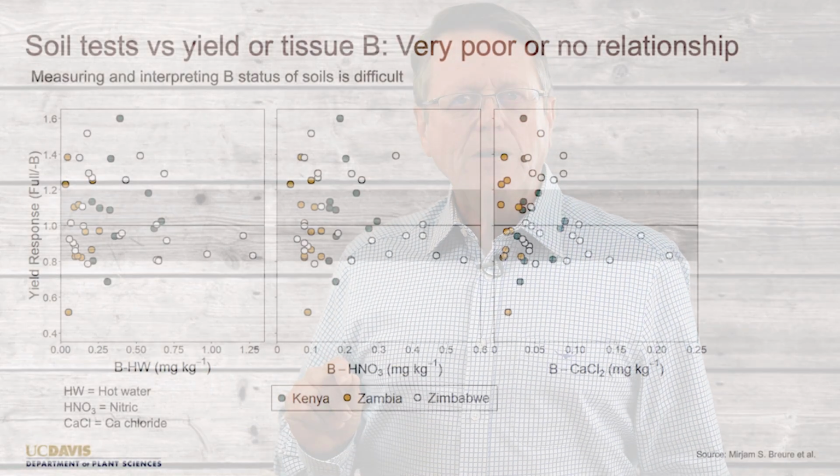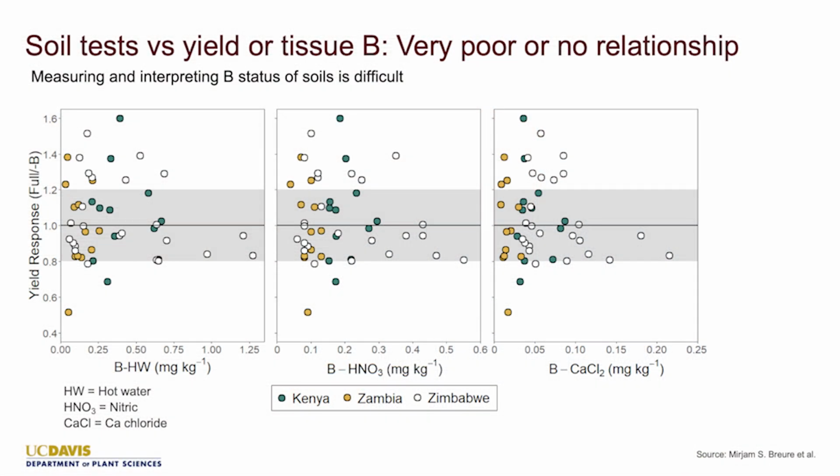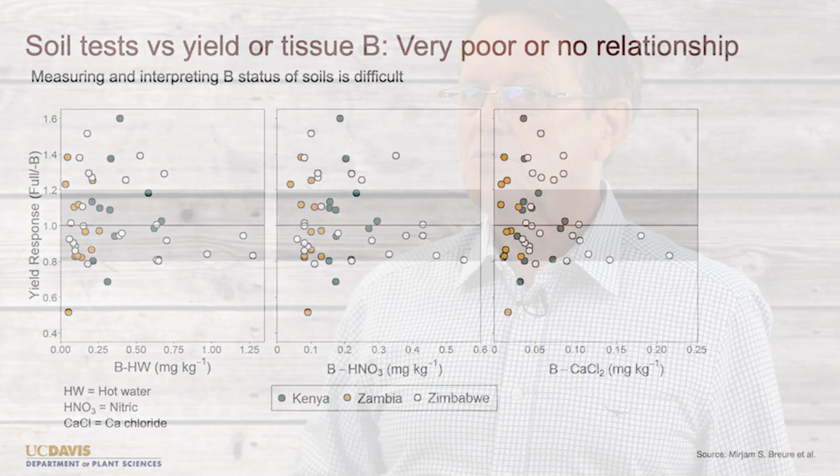They subsequently did a number of tests looking at how the measured boron in the soil test correlates with plant yield, which is of course what we want to happen. And you can see from those scatter plots, whether we're talking about hot water extraction on the left, nitric acid extraction in the middle, or calcium chloride, none of them show a good relationship between the measured boron in the soil test and the plant response.